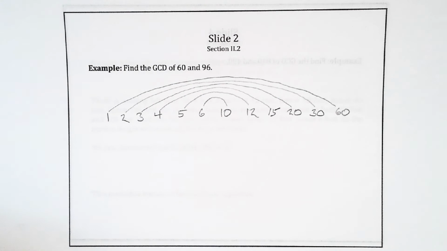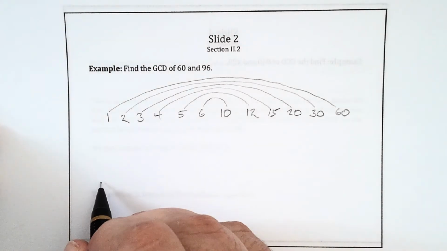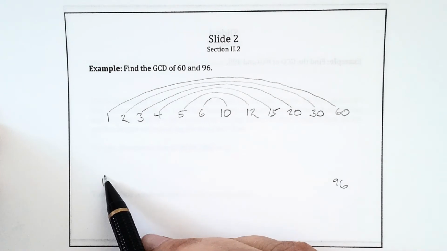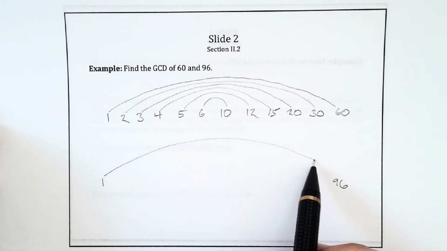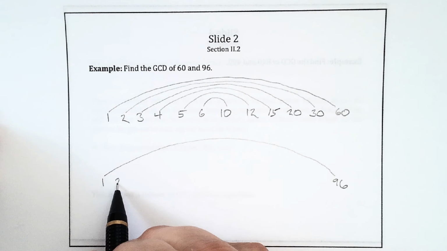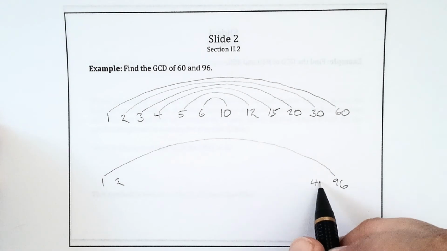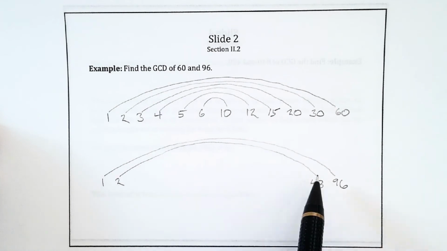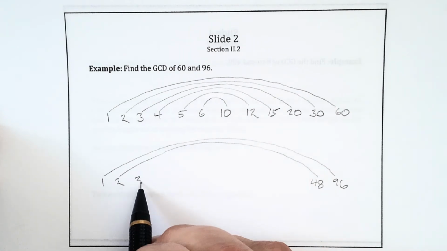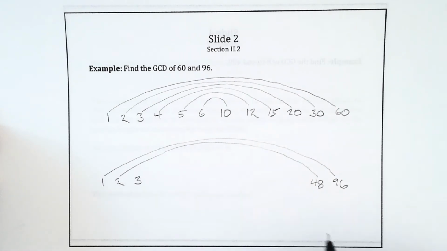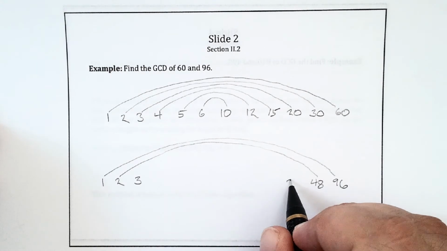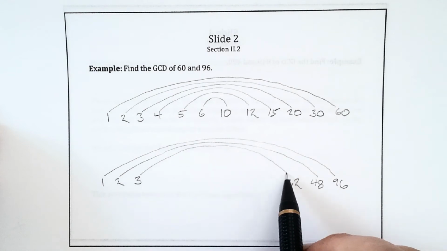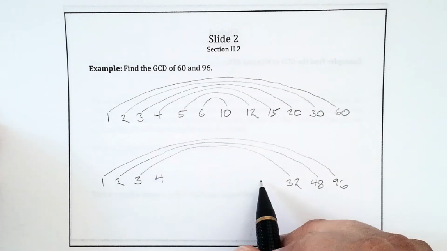Now let's do the same thing for 96. We have 1 times 96, 2 times 48, 3 times 32, 4 times 24.